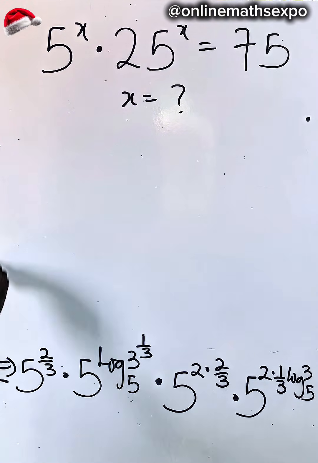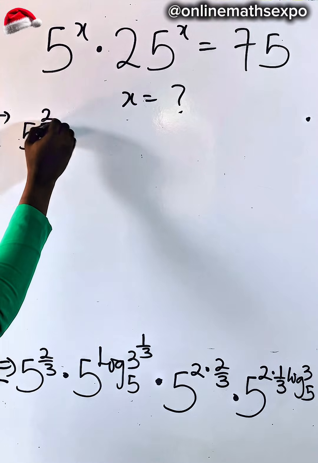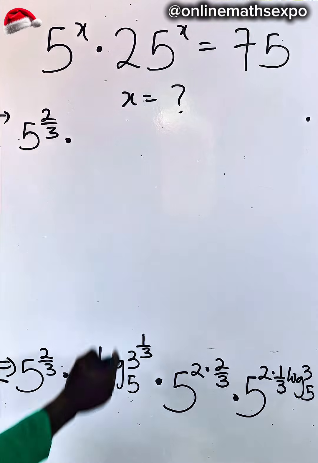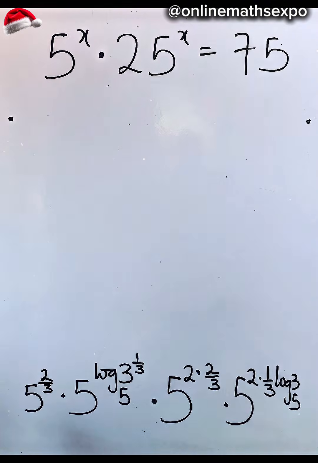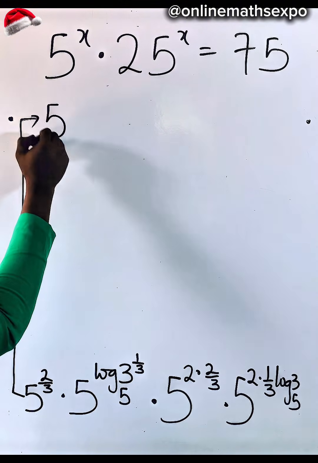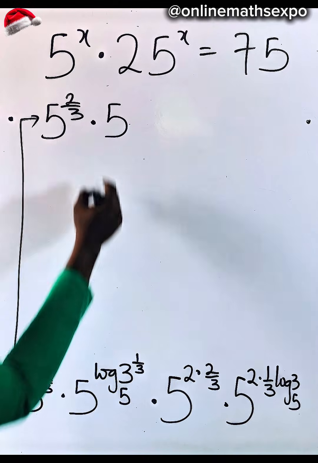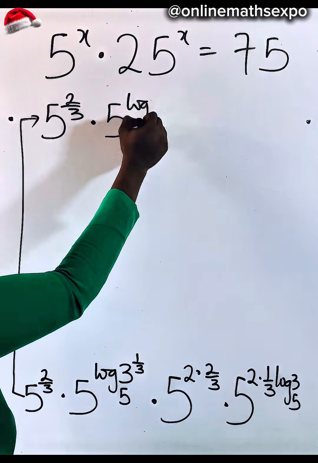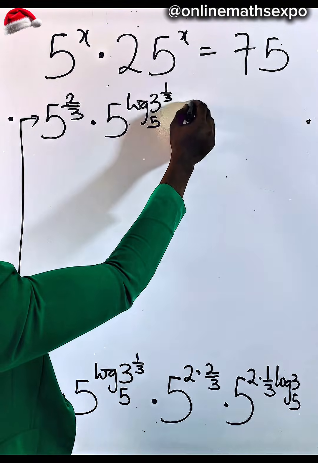So from here, we now have 5 to the power of 2/3 multiplies, this will give us 5 to the power of log 3 power 1/3 base 5 multiplies 5.